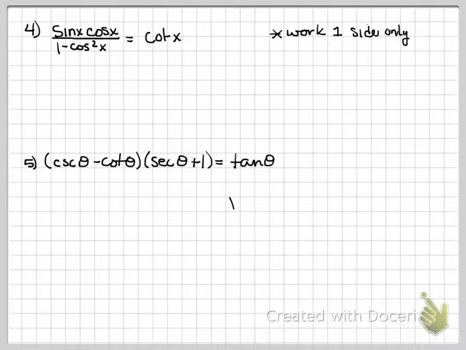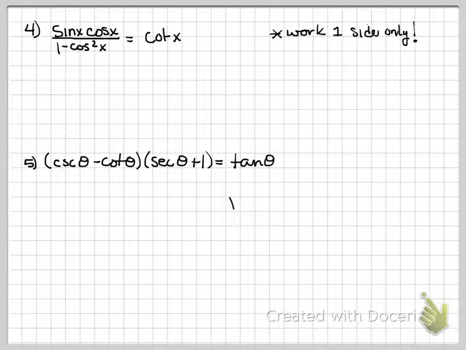If you work on both sides, it is going to be completely wrong. So you pick a side and you stick with it. Generally, you want to pick the side that looks more complicated, because then you can simplify it. But that's not always the case. So sometimes it's a trial and error.